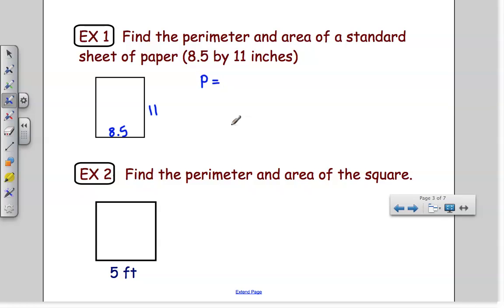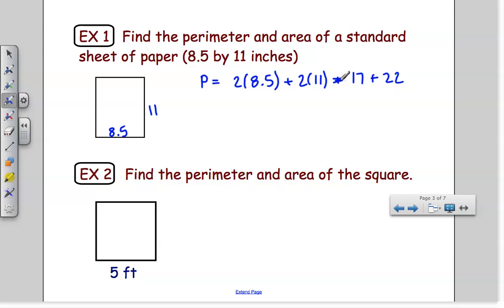Obviously a lot of ways to do perimeter. We're just adding up all the sides, and if it's a rectangle we have 8.5 here, and here we have 11 here and here from both heights. One way you might think of doing this is say I'm going to do 2 times 8.5 then, since I have 8.5 in 2 places, and add 2 times 11, and 2 times 8.5 would be 17, 2 times 11 would be 22.